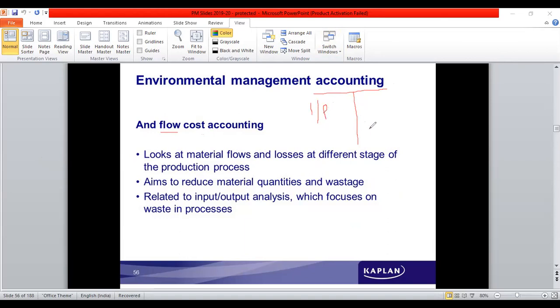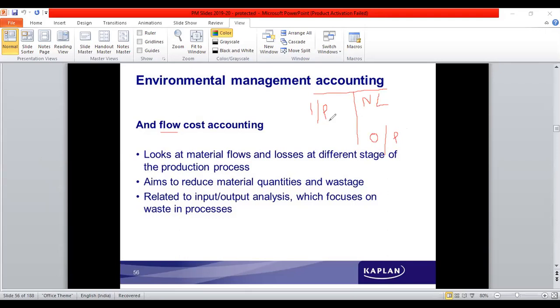The input and the output do not match with each other, because all what is introduced into the process as input is not completely processed and comes out as output, but some part of it gets lost as a normal loss. Material can spill out on the way. It can evaporate, it can leak, it can fall on the way, it can be broken.